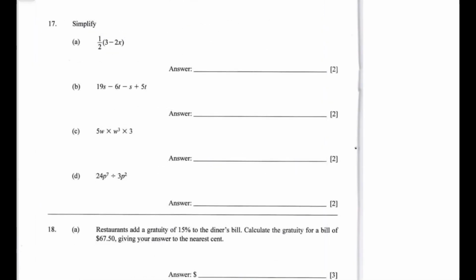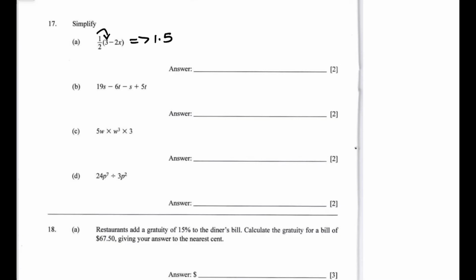Alright guys, so now we have a few algebraic expressions that we need to simplify, and there were 2 points each, so let's get to it. So for the first one, we have a half into 3 minus 2x. So we have to multiply the half by everything in the bracket.